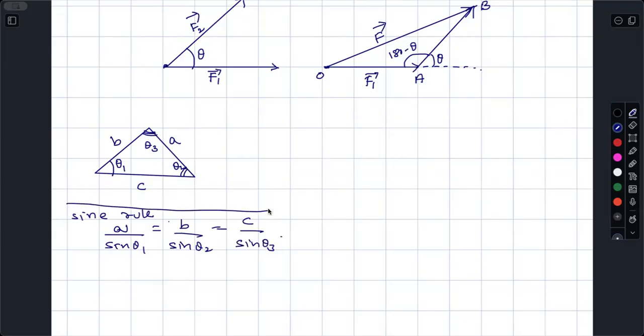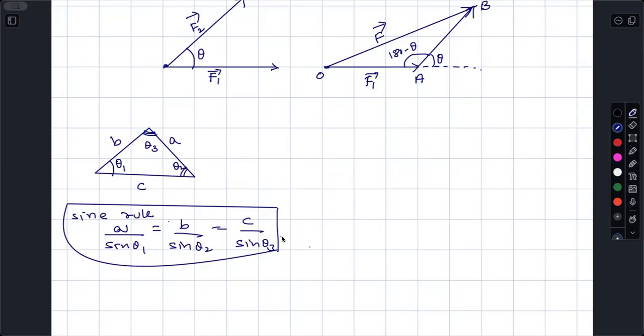That is the sine rule. So we will often use this rule repeatedly in our future course.